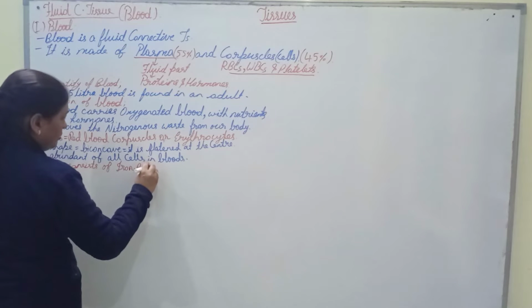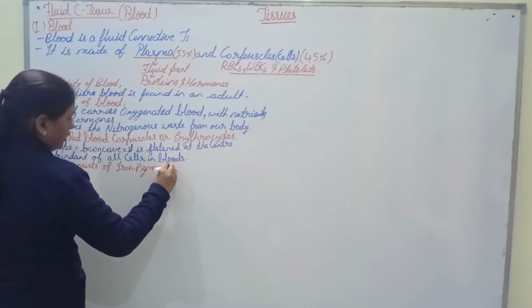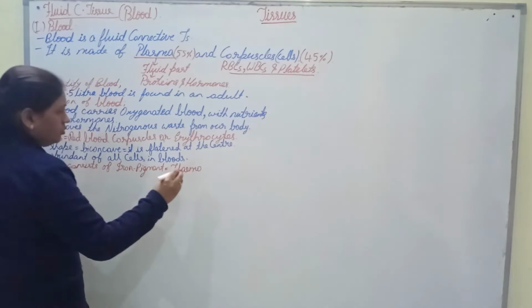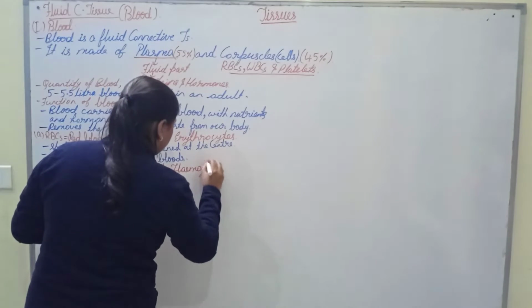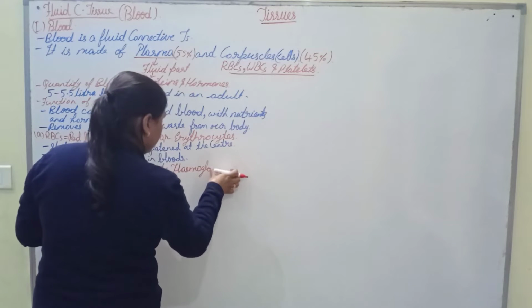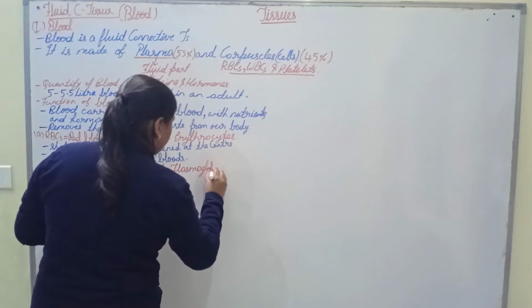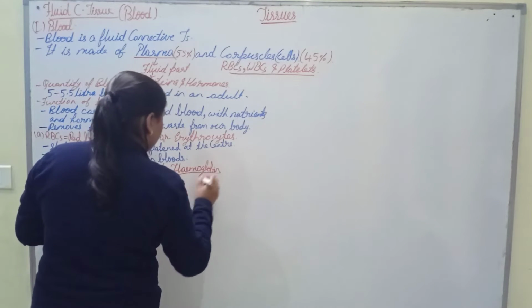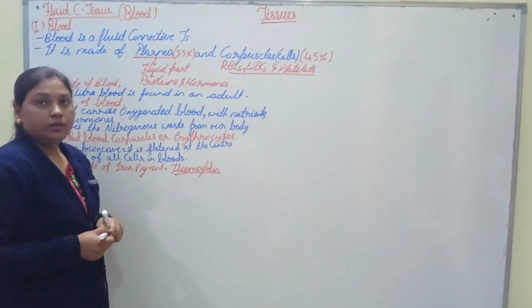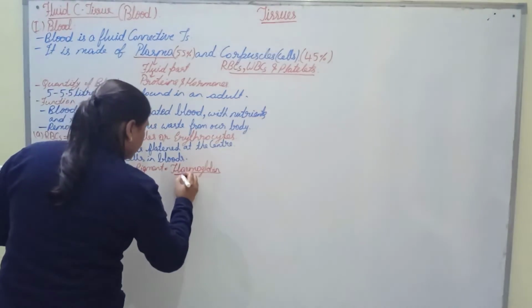This iron pigment is known as hemoglobin. This hemoglobin is responsible for the red color of blood.